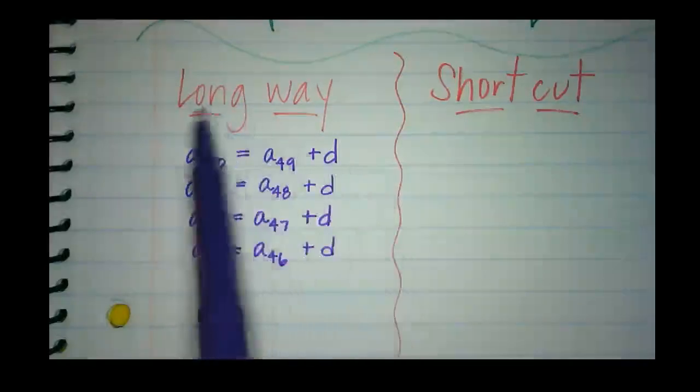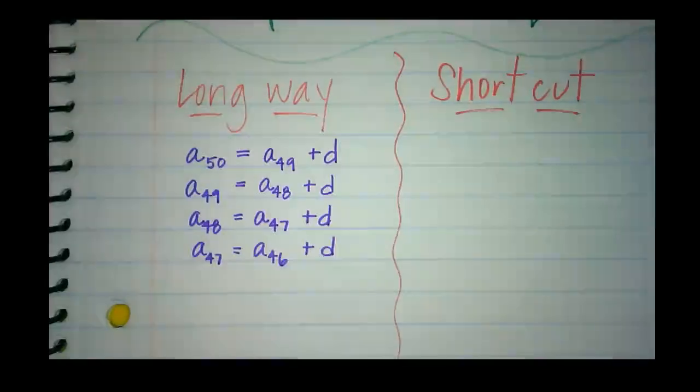So you can see why this is the long way of finding the nth term in a sequence. If we wanted the 50th term, we start at the first term and keep adding d and adding d and adding d.